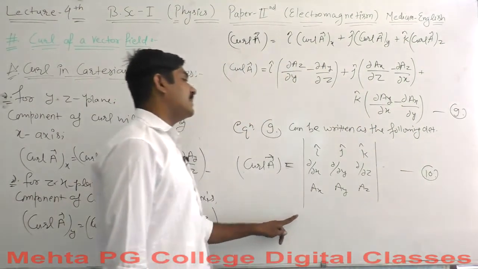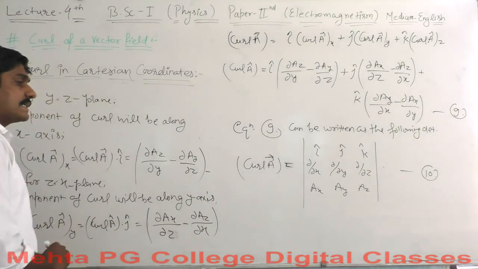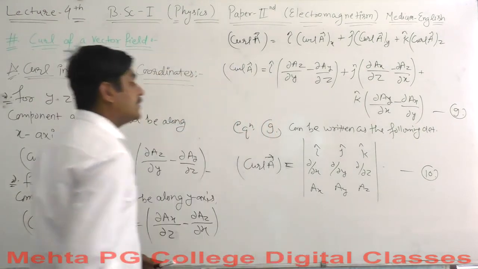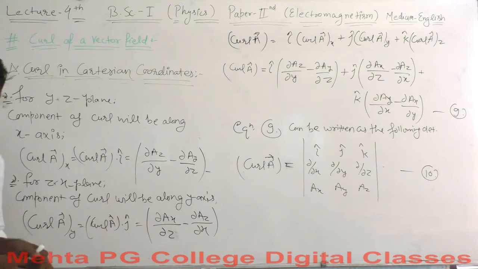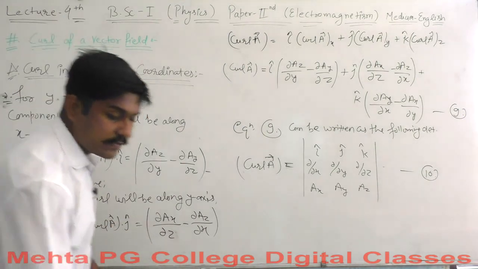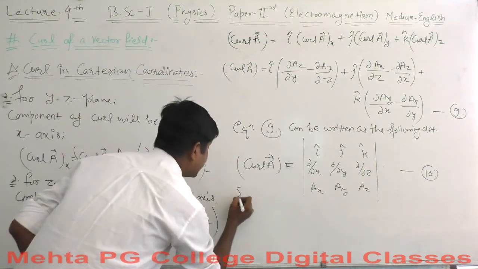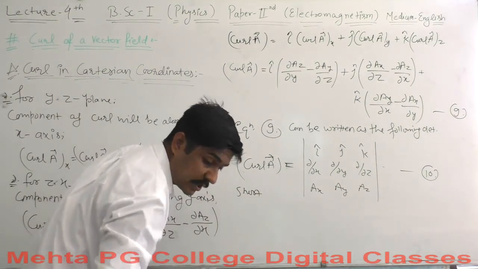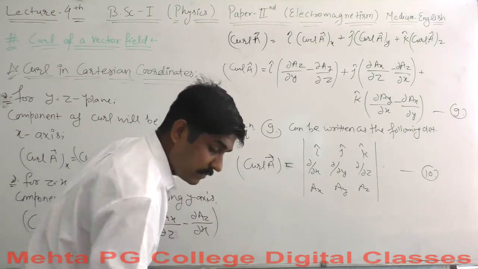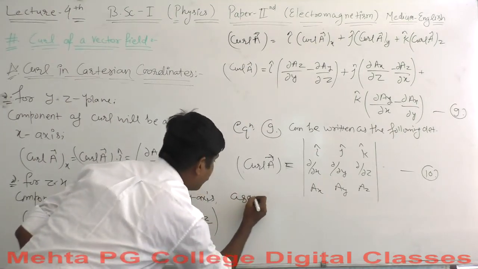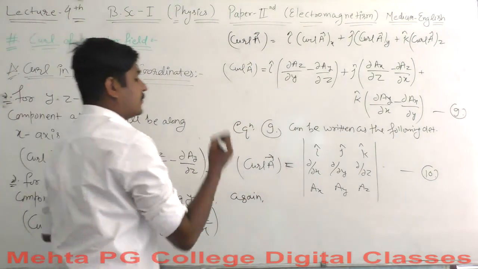So this is the determinant representing curl of vector A, and you can write it in the form of the del operator.